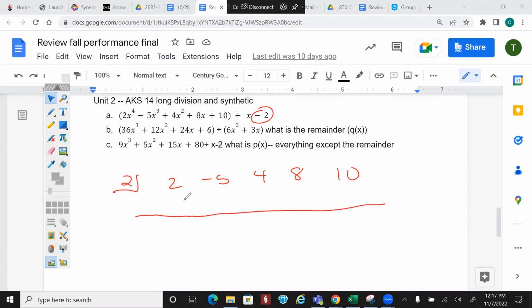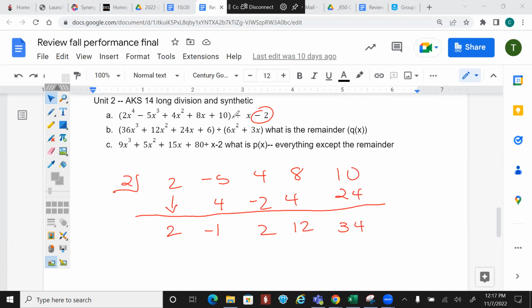All right, we're going to bring down the first term. Multiply, add, multiply, add, multiply, add, multiply, add. Okay.